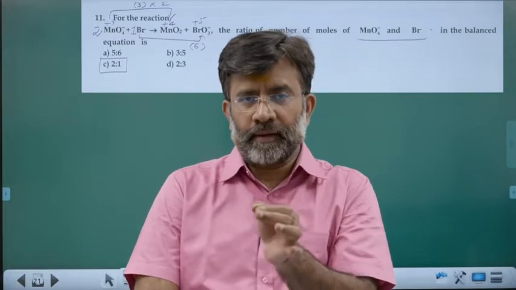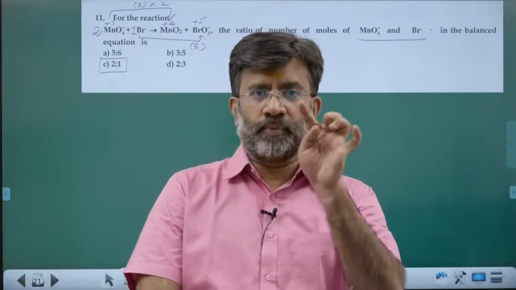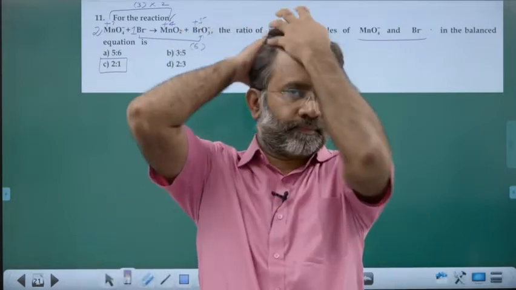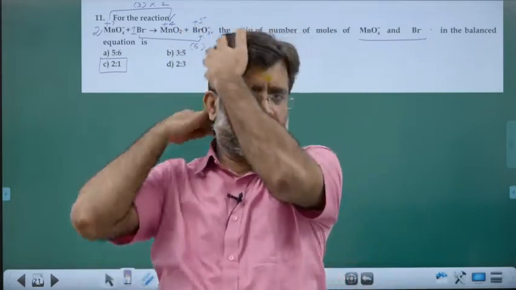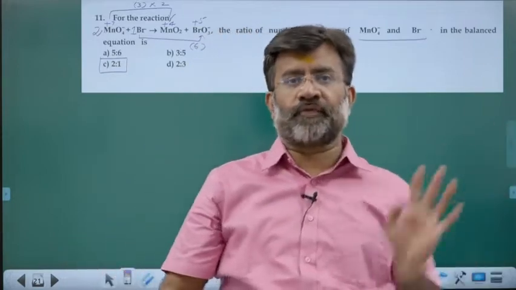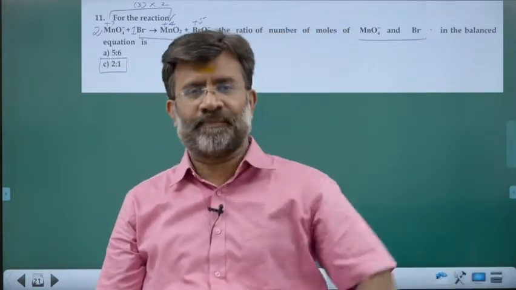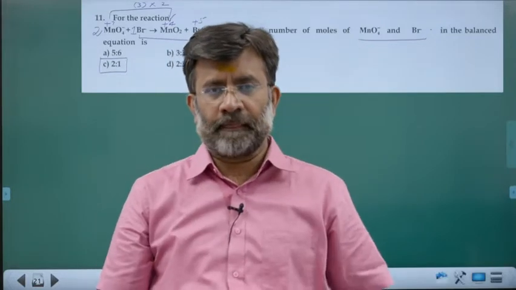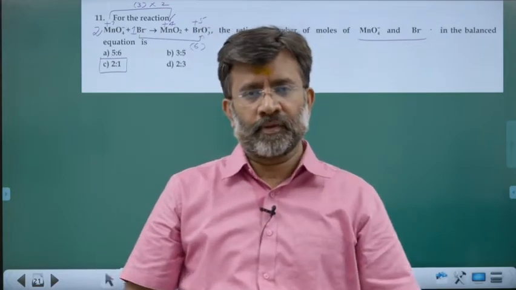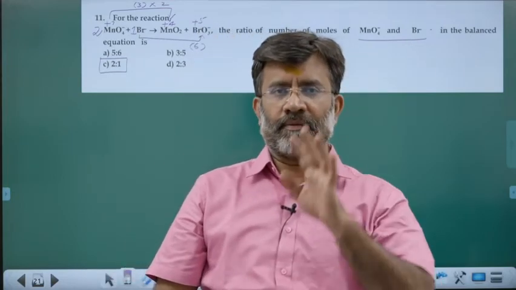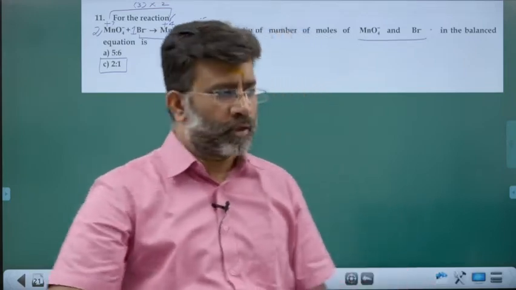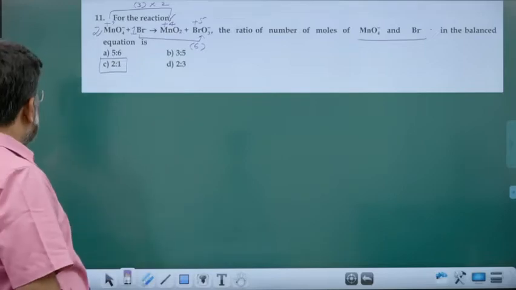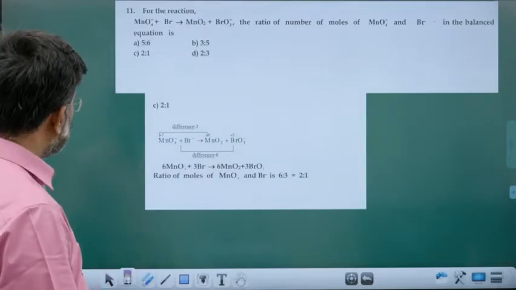Bromide -1 changes to BrO3-, bromine in +5 state, so n factor is 6. In oxidation the n factor is 6, in reduction it is 3. To balance, multiply the reduction reaction by 2. So 2:1, option C. Next one.